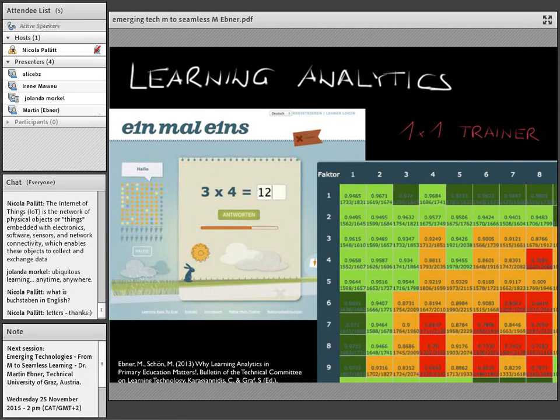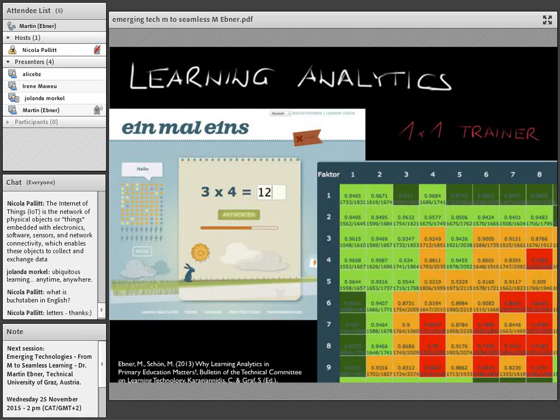And of course, it's easy to imagine that we can not only do this simple graph about all the databases we have, but we can also do the graph, for example, for classes. We can do it for just a single student, for just one child.